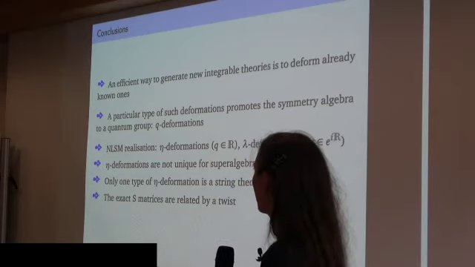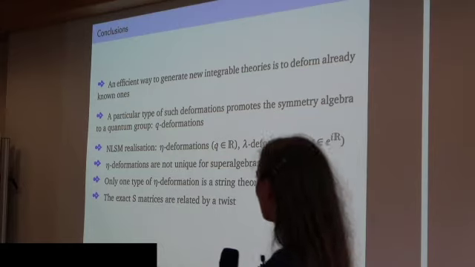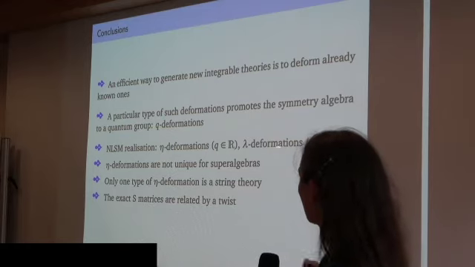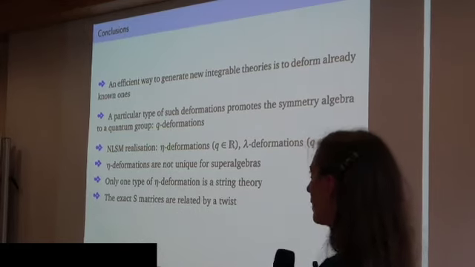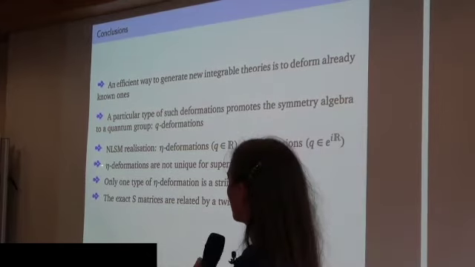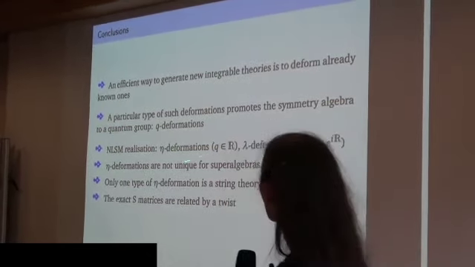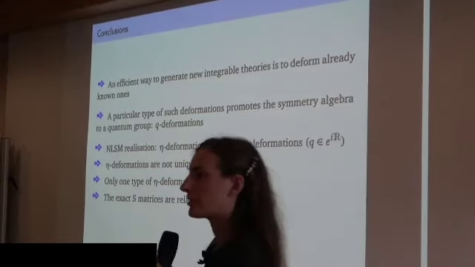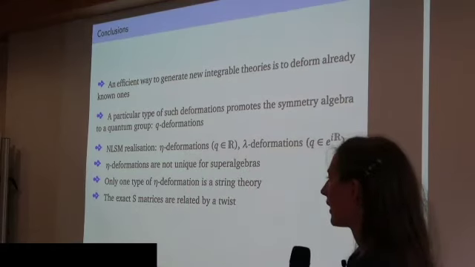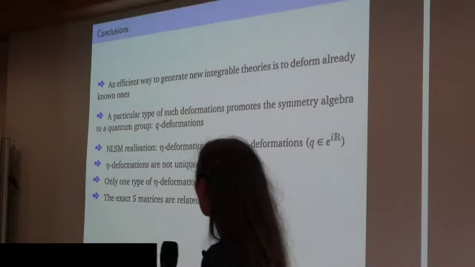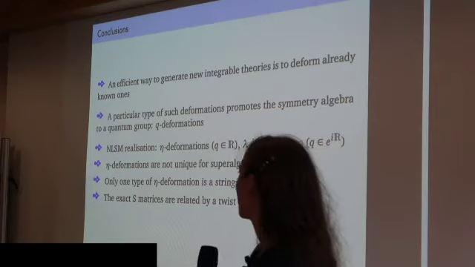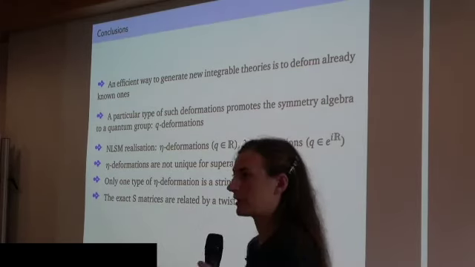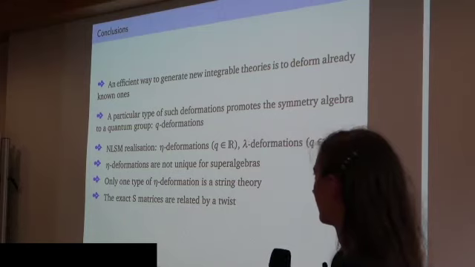Here I focused on the eta deformation where q is real, but you also have lambda deformations where q is a phase. So this is the realization at the level of the sigma model. We also have seen that because you have different Cartan-Weyl bases for superalgebras, the eta deformations are actually not unique, and there is only one type of eta deformation that is a string theory. The exact S matrices, from which you can then compute physical observables, are related by a twist.